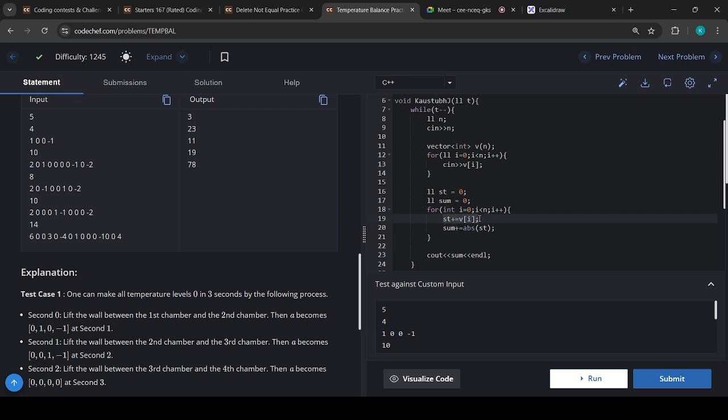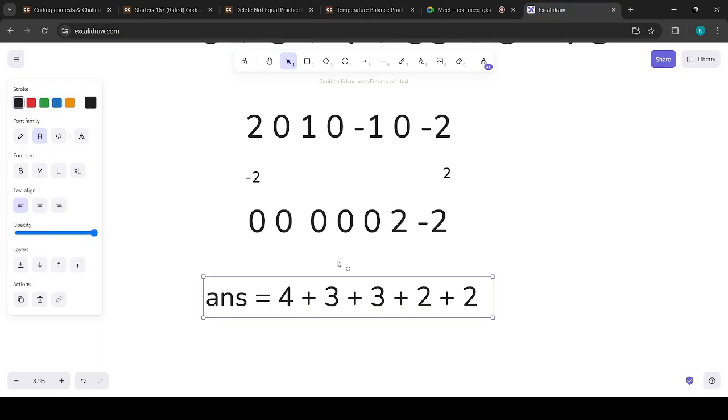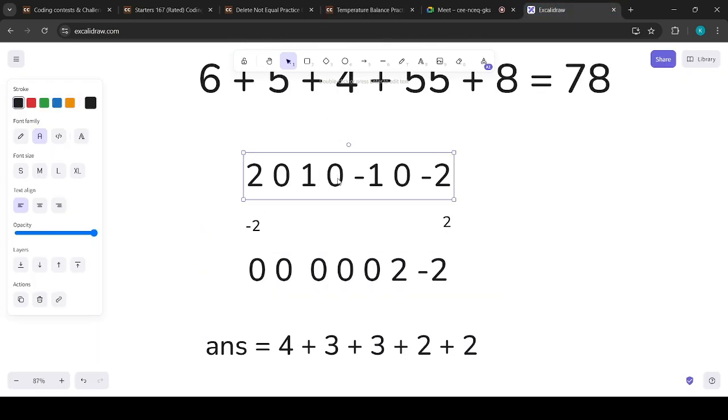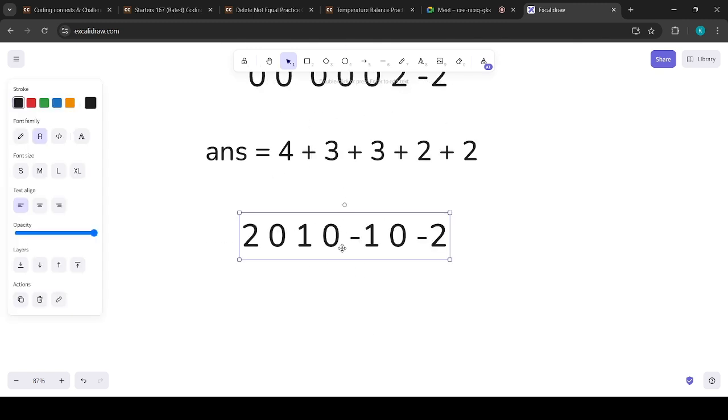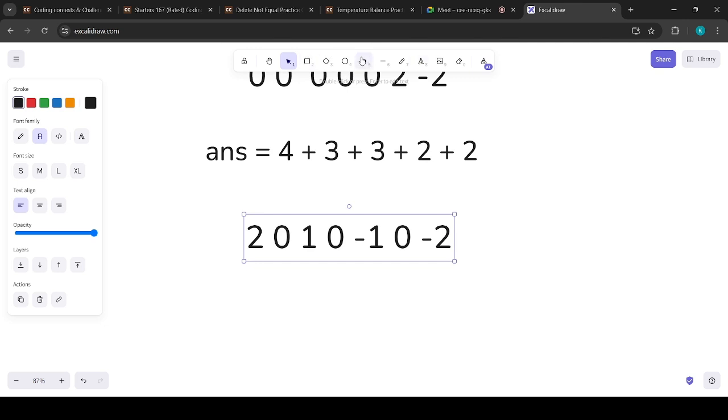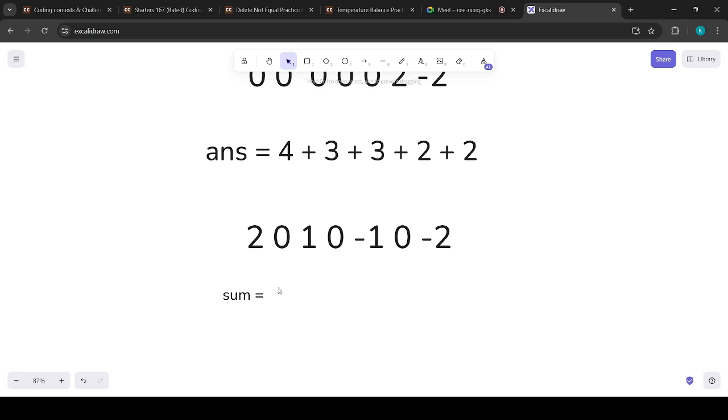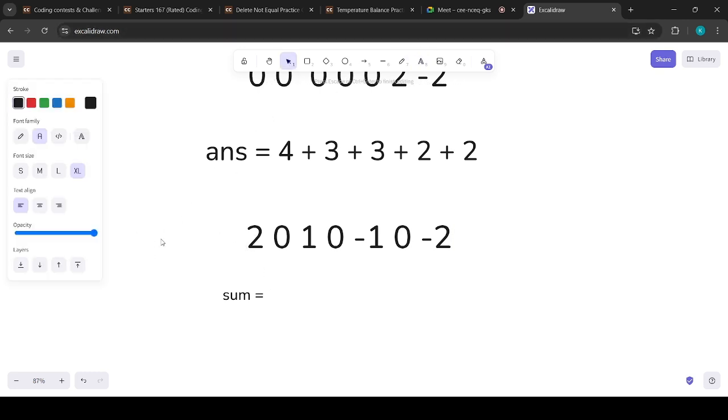Means if I add the number at the index, let's take that one only. I am taking my sum, and I add this number into my temporary variable.